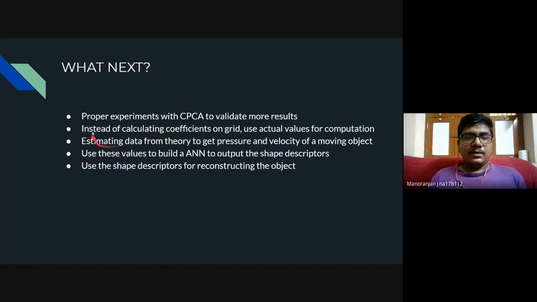So what is further pending in the project is this particular part where we have to compute the shape descriptors, which is still a big problem, and that part was specifically very challenging and is still going on. Once we have that, what is pending next is we have to estimate the data from theory to get the pressure and velocity of a moving object.